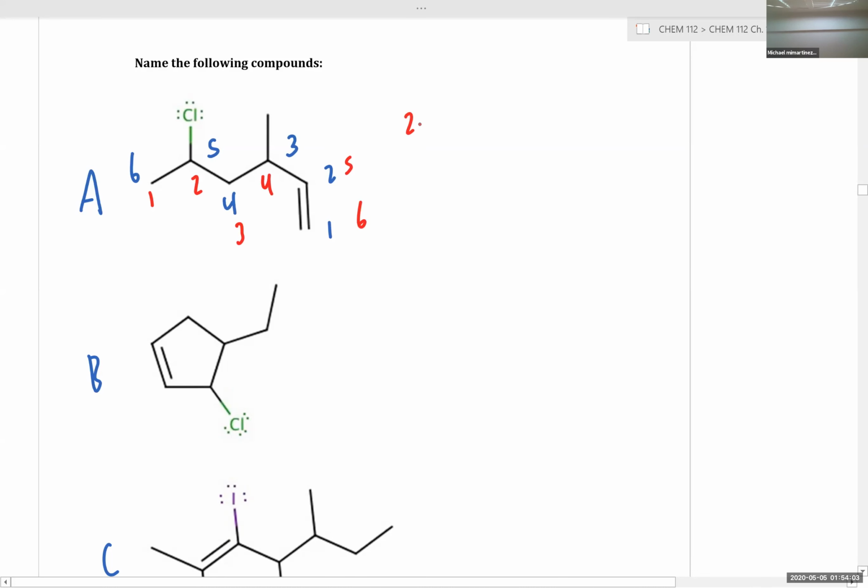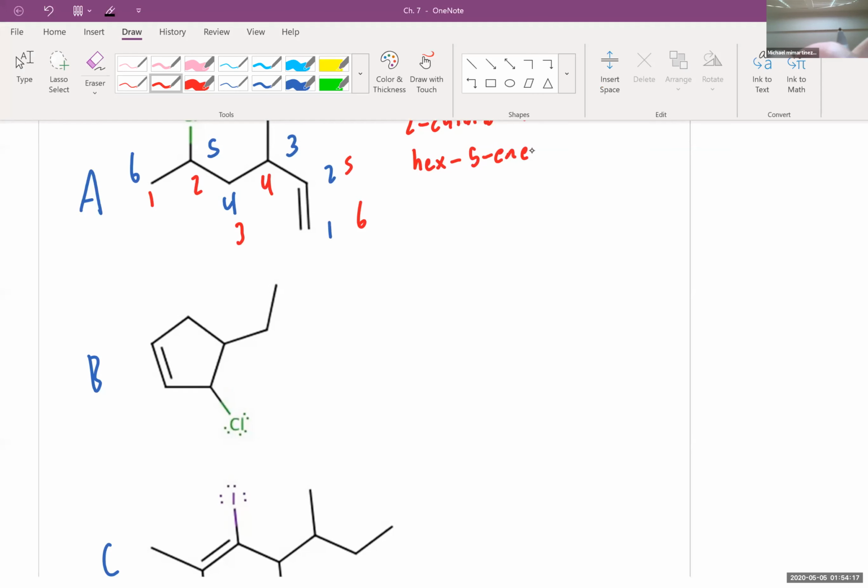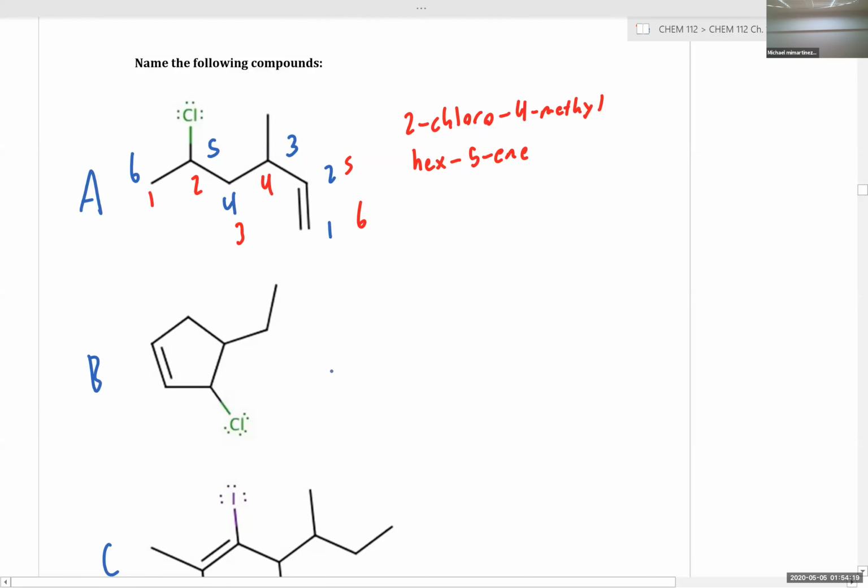So in red, we have 2-chloro, 4-methyl, hex, 5-ene. In blue, we have 5-chloro, 3-methyl, hex, 1-ene.